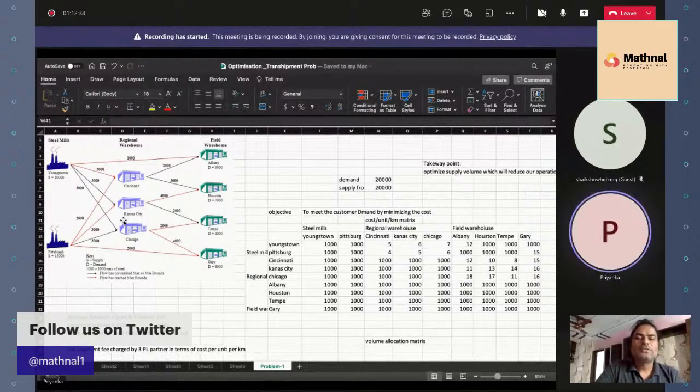The changes are that Cincinnati, Kansas, and Chicago are delivering to all 4 warehouses in the cost per unit per kilometer matrix, but in this diagram, they're delivering to only 2 locations.